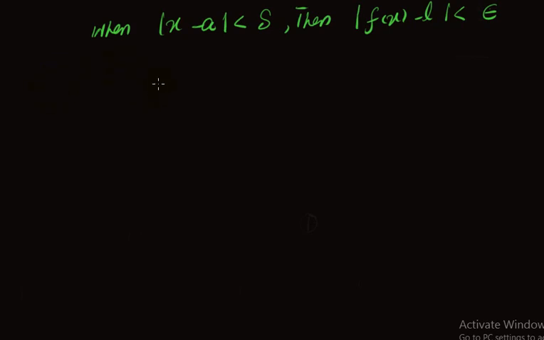So our question is the limit as x approaches 0 of x square sine 1 upon x equals 0. Now we have to prove this limit by the delta epsilon definition.